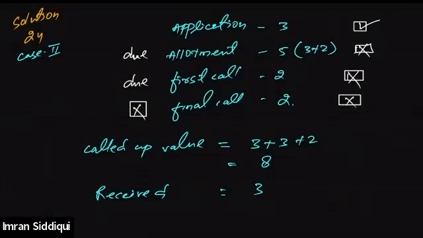And how much will be considered in arrears? How much is in arrears? 7. Arrears is always calculated including premium. So 5 rupees on allotment is due and 2 rupees on the first call is due. That means the total calls in arrears is 7 rupees per share. Is that clear, everybody?